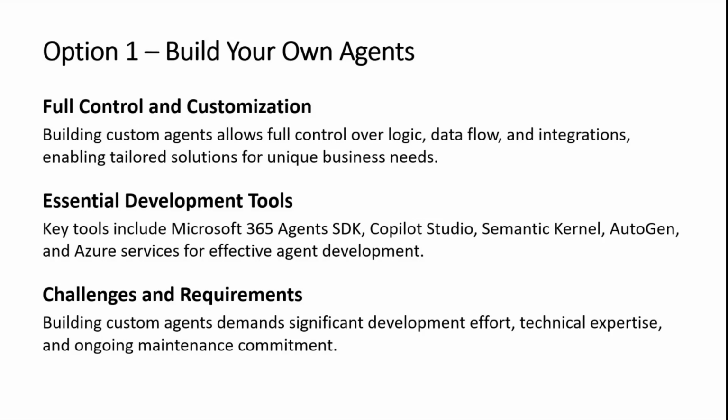And we have Azure services, which include Azure OpenAI, Azure Functions, Azure API Management, Azure Cognitive Search, and other services required for building scalable AI-driven systems. Together, these tools allow developers to build intelligent, reliable, secure, and context-aware agents tailored for enterprise needs. So, let's see what the challenges and requirements are.